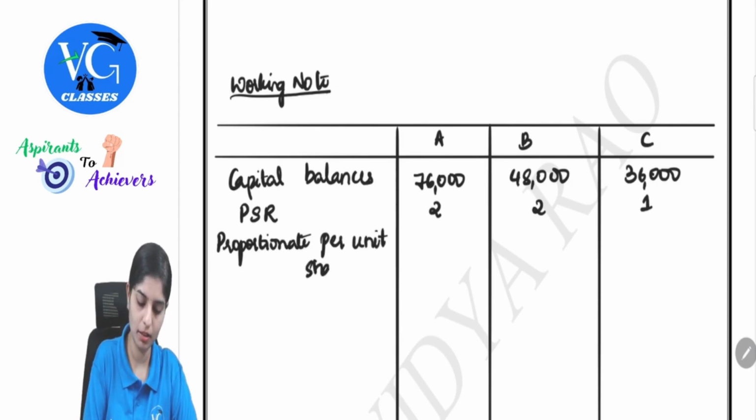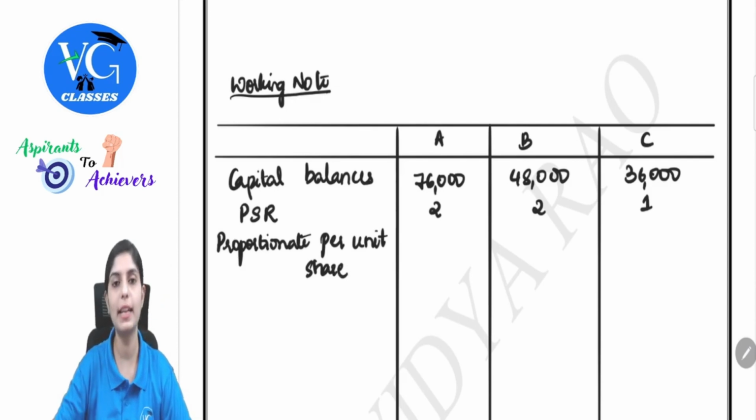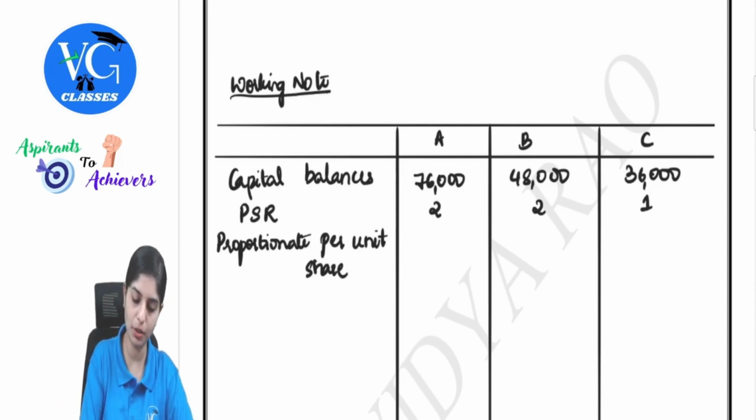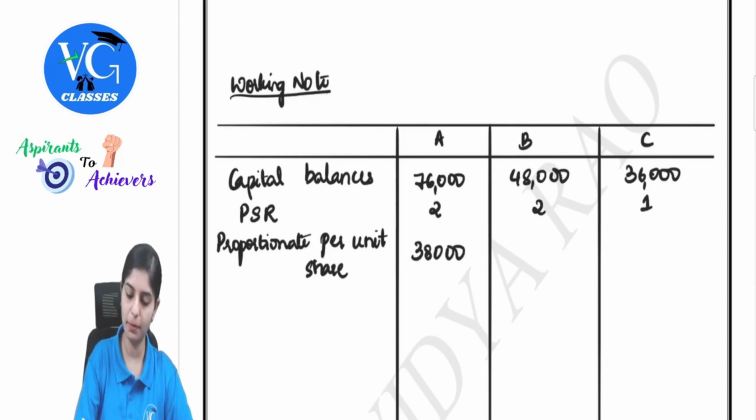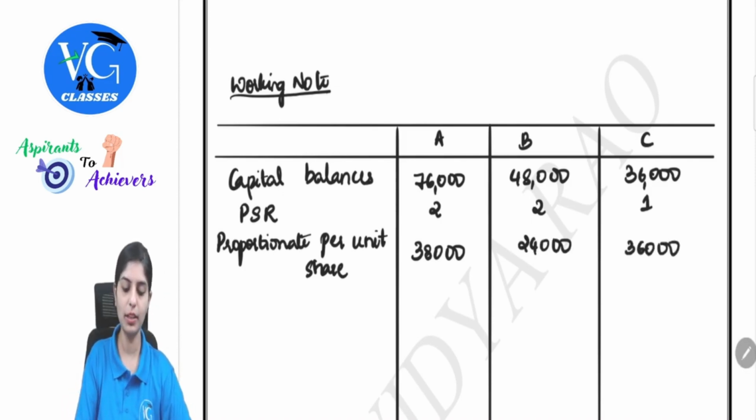That means if I have to apportion in their capital ratio, what will be the value? 76,000 divided by 2 will be 38,000. 48,000 divided by 2 will be 24,000. Then 36,000. Now this is called per unit share.